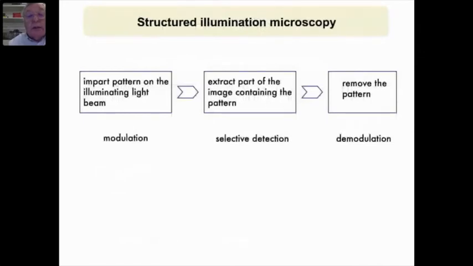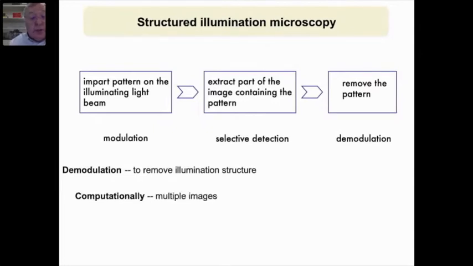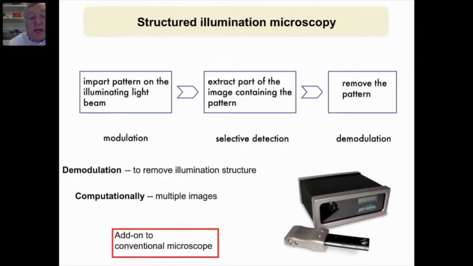So this is the whole idea of structured illumination. You have a structure to cause the optical sectioning to happen, and then you have a demodulation phase to remove the structure. And this can be done easily as an add-on to a conventional microscope.